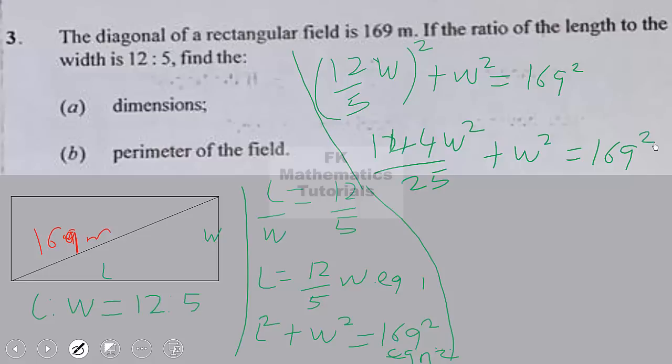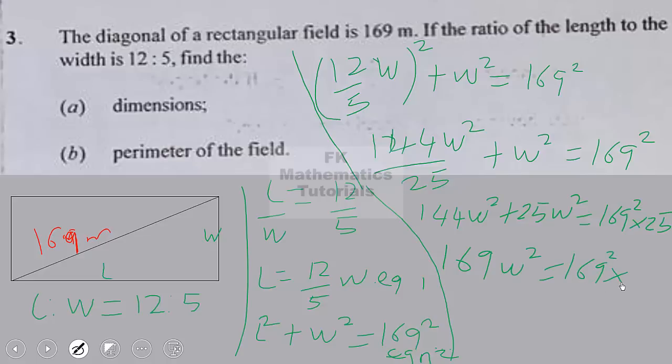Now let's multiply through by 25. So we get 144 W squared plus 25 W squared is equal to 169 squared times 25. So this will give us 169 W squared is equal to 169 squared times 5 squared.